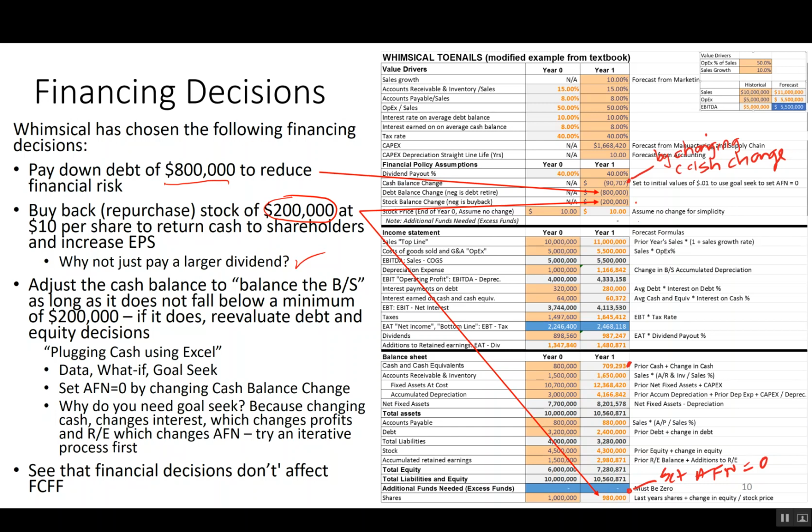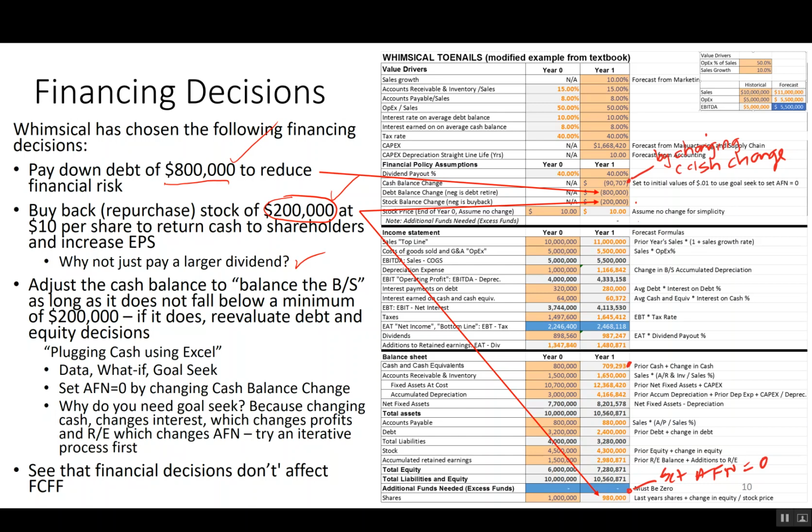And then lastly, after they pay down $800,000 of debt and buy $200,000 worth of stock, they're going to adjust the cash balance. If we have cash left over, we'll just let that increase cash. If it decreases the cash balance, management said that's okay as long as cash does not fall under $200,000.